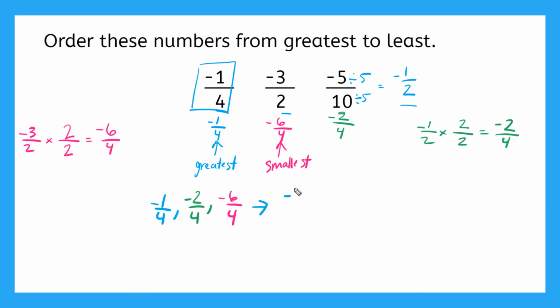So this would be negative 1/4 comes first. And then what's my green fraction? Negative 2/4 is the same as negative 5/10. And what's my equivalent fraction for negative 6/4? Yeah, negative 3/2. So these are now ordered from greatest to least.